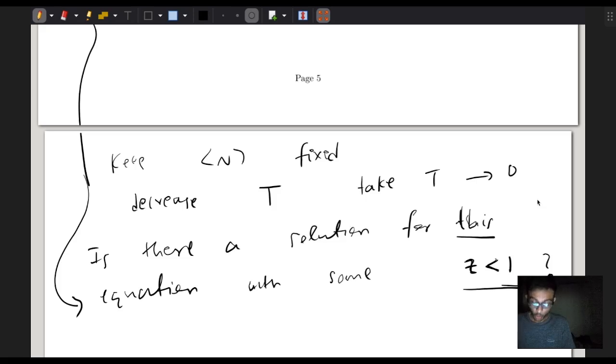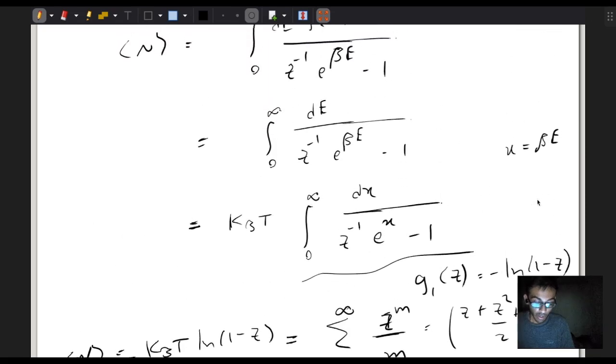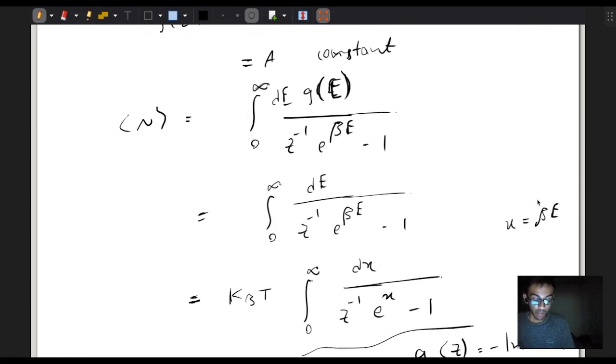If there is no solution for this equation, which is what we'll find in the case of a 3-dimensional Bose gas, that means we have made a mistake by omitting the occupancy of the low-lying single particle states near zero energy.